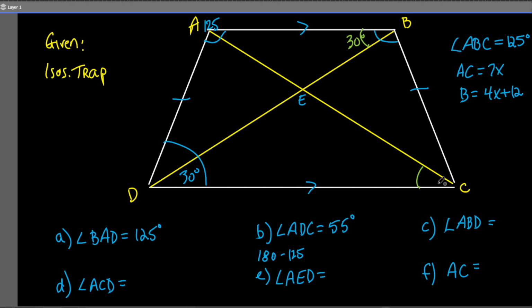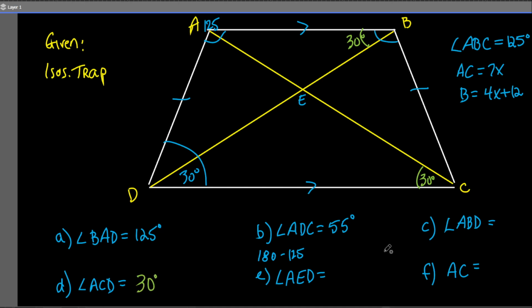To find out exactly why, you would see this triangle right here, BDC, and this triangle right here, and you'd be able to tell they're congruent to each other. So this angle in this triangle and this angle would be in the same spot. They would be corresponding parts. So they would be 30 degrees. I don't have enough time to go through that and redraw it, but that would be correct. So ACD is 30 degrees.